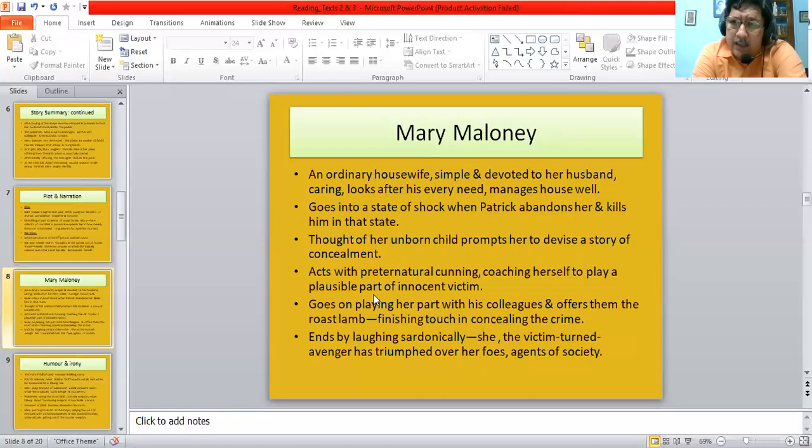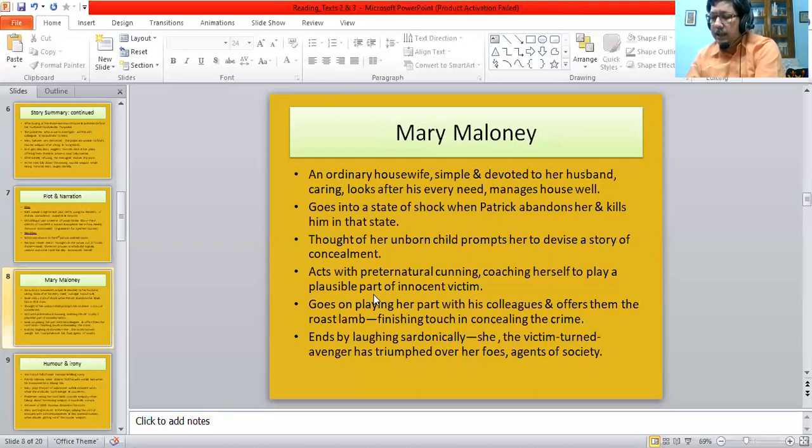Now, when Patrick abandons her, when he actually reveals to her his intention of leaving her, and that too at a very critical stage, so late in her pregnancy, she goes into a complete state of shock and numbness. She is totally numb. We are told what she's thinking. She almost pretends to herself that suppose this hadn't happened, and if she goes on wishing that, then maybe it will not be true.